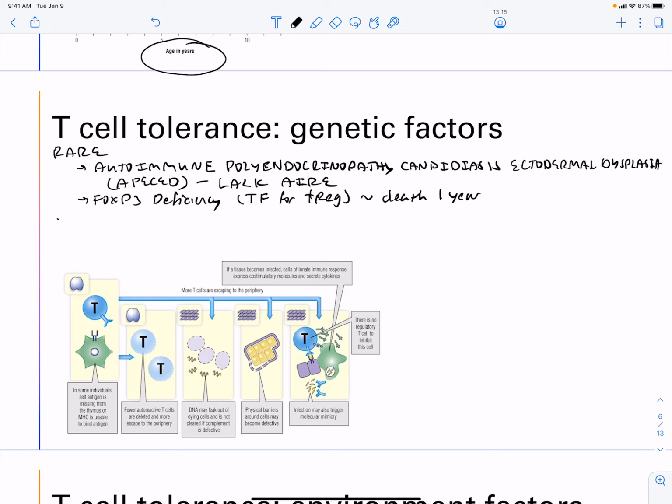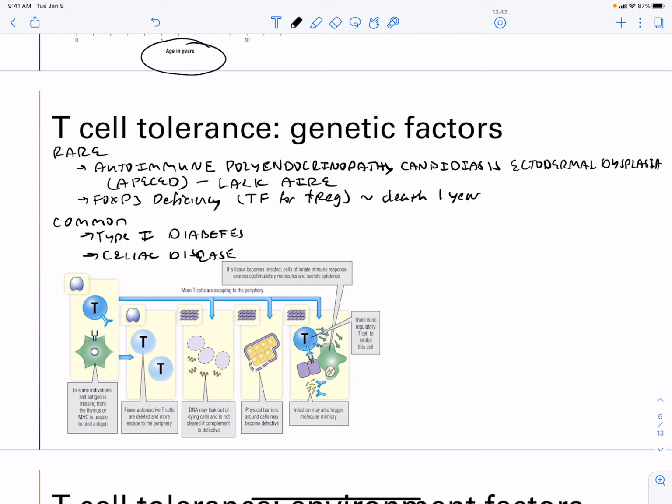Now we have common autoimmune diseases, and these are going to be type 1 diabetes, celiac disease, and so on.